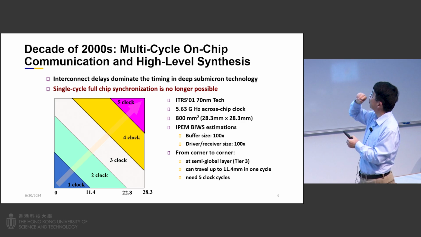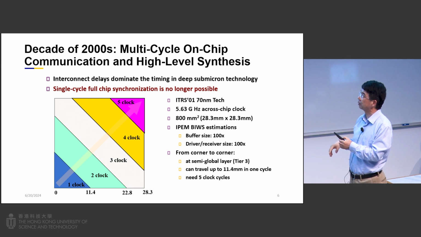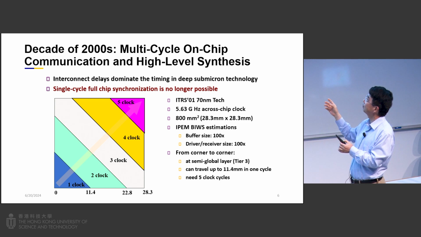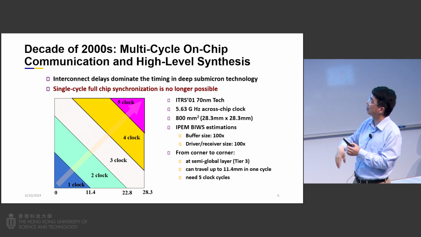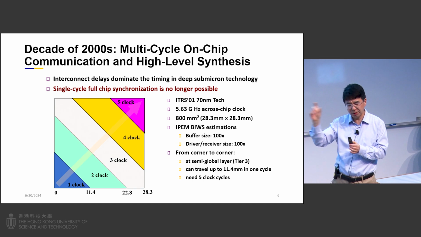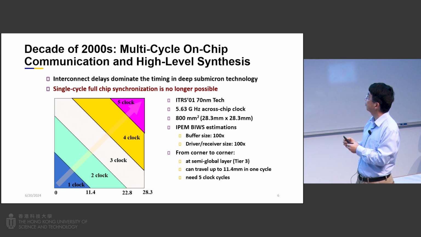This is a study we did very early on in the year 2000, maybe 2001. We showed that in a 7 nanometer technology with a 5 gigahertz clock, you already need 5 clock cycles to go across the chip. So it's impossible to do it in 1 clock cycle.